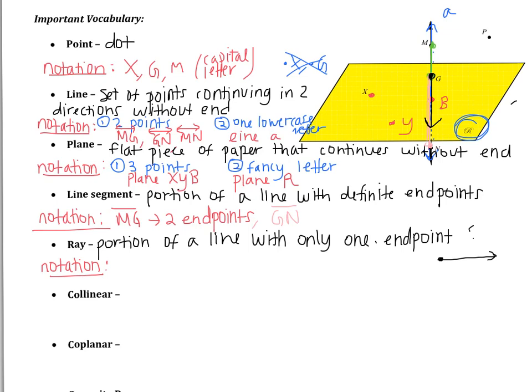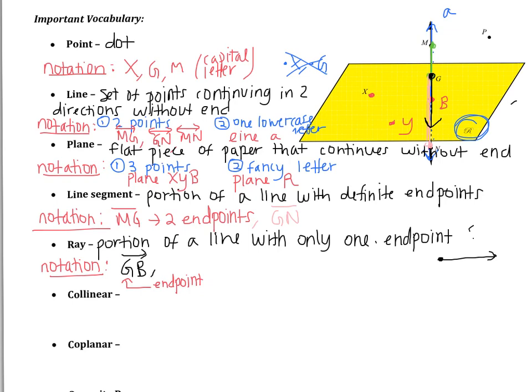Okay, so the notation, I start at G and I continue towards B. Now you're going to put a ray over the top. I start at G and I continue towards B. So you have to include the endpoint. So that G is the endpoint. And then another point that's on the line. Just any other point. Or on the ray, that is.